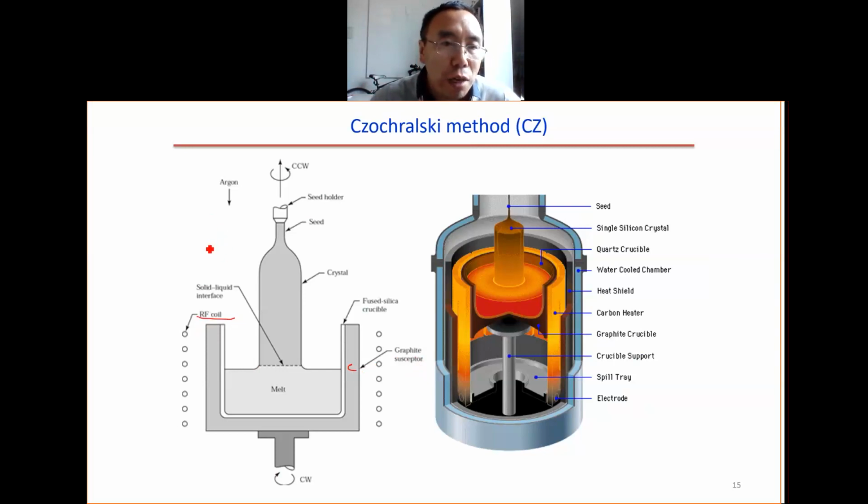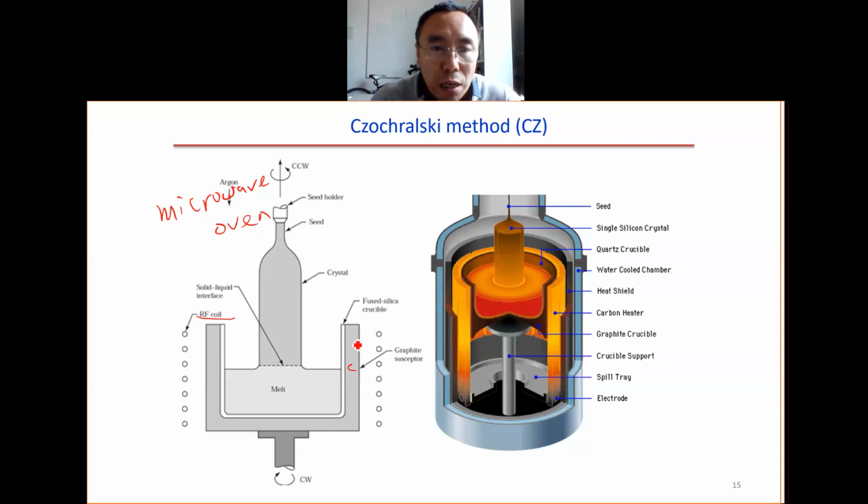So how can the coil heat? This is like a microwave oven for cooking. If you put some conducting material like a metal spoon in the microwave oven, it will be heated up very, very fast. It may even spark, so don't put metal in the microwave oven.